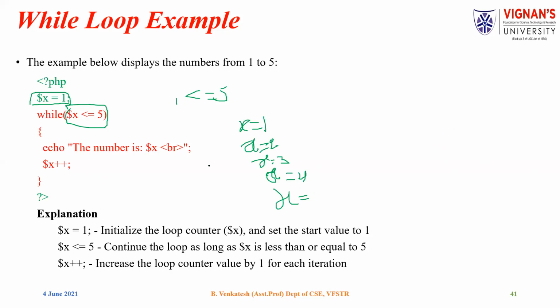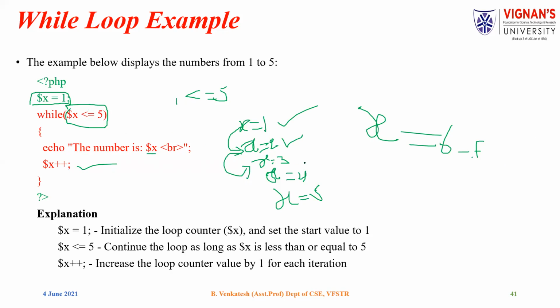So in each iteration, when x equal to 1, the number is $x, that means 1. Next we are incrementing it, so x becomes 2. Now the condition is checked, it is true, so the number is 2 and it is printed. Then again the value is incremented, so now x equal to 3.